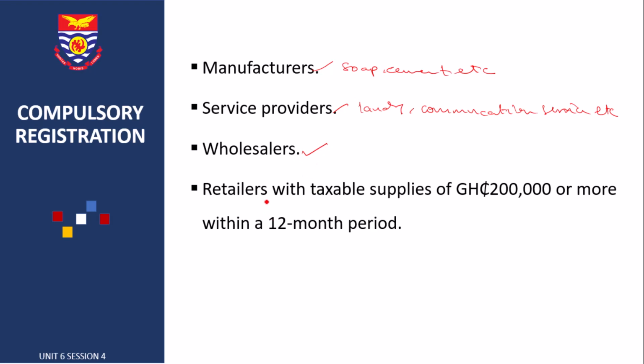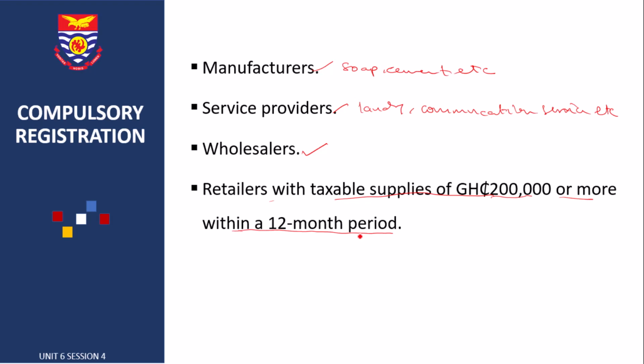Then we have retailers with taxable supplies of 200,000 Ghana cedis or more within a 12-month period.